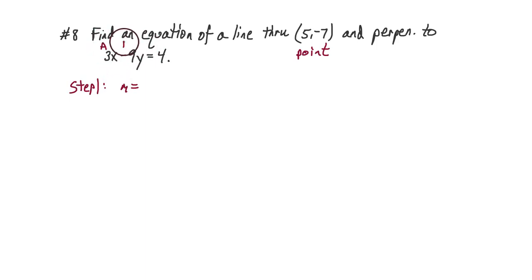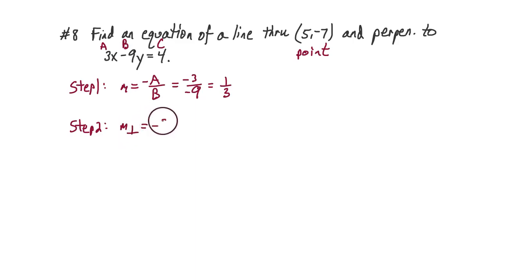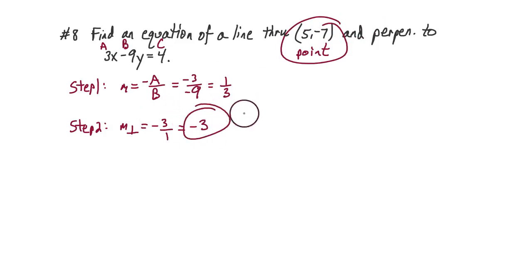This is A, this is B, this is C. To find the slope, it is -A over B. So -3 over -9. That's 1/3. What's the slope of a perpendicular line? That's the negative reciprocal. So it's -3/1. Well, that's just -3.